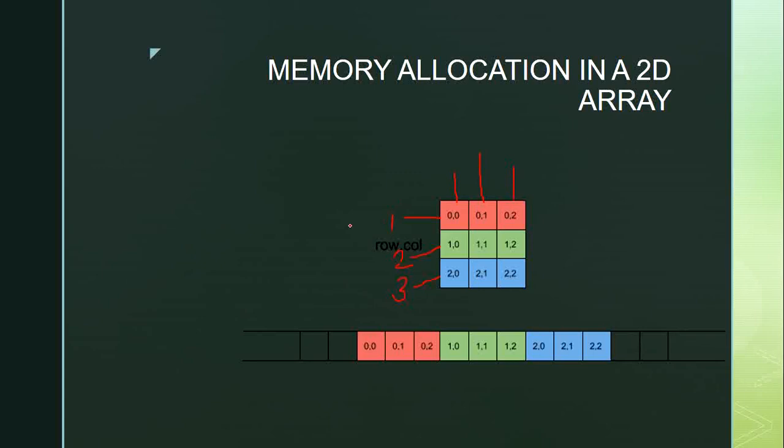The first column I will represent as the 0th column, because array elements start at index 0. So naturally the second column is indexed as 1, and the third column will be indexed as 2.